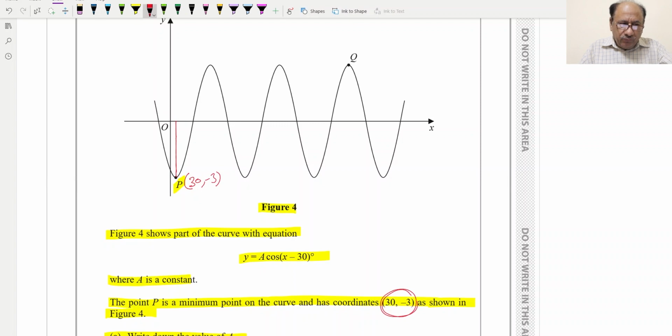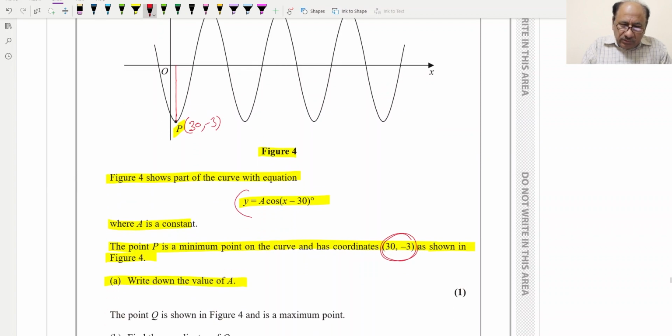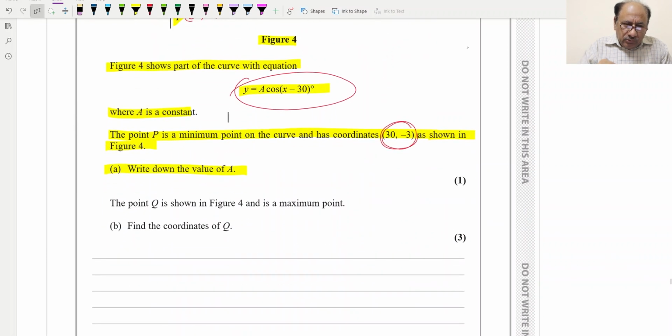So what we can do, we can use the given equation. For the A part, we can write y is equal to A cos(x minus 30 degrees).